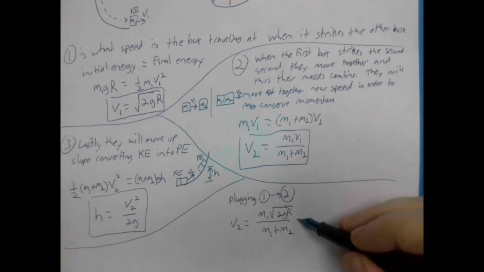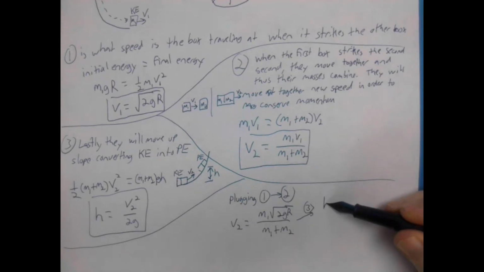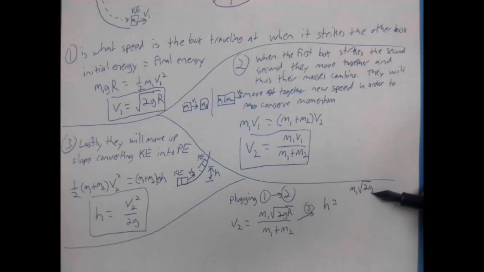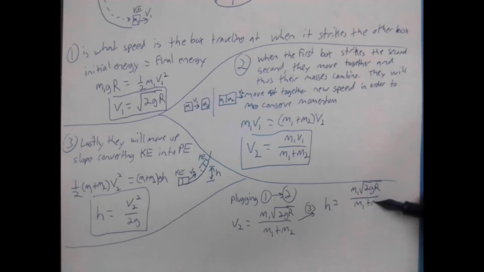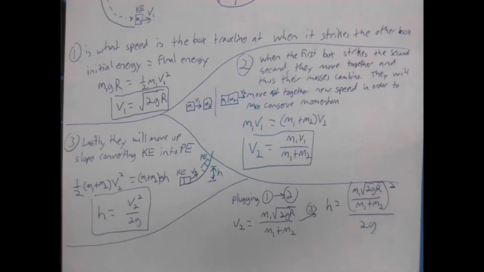And then plugging this into equation 3, h is equal to m1, the square root of 2gr, divided by m1 plus m2. This is our v2, and that's all squared over 2g.